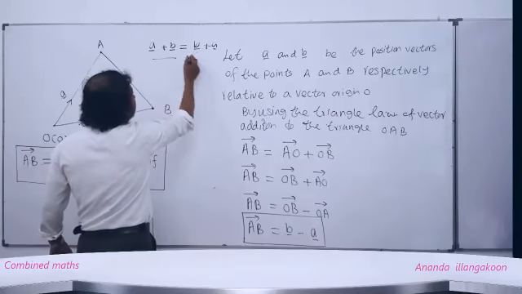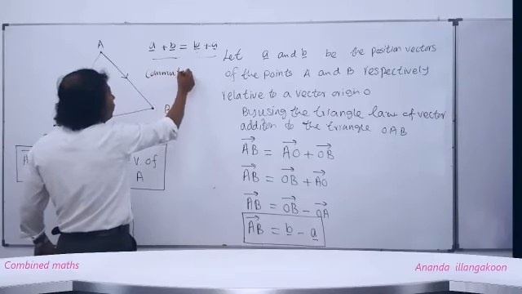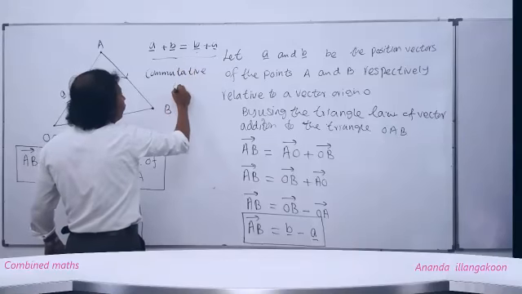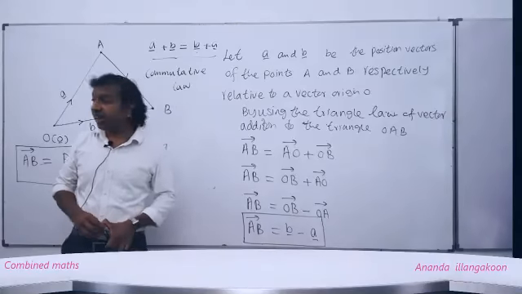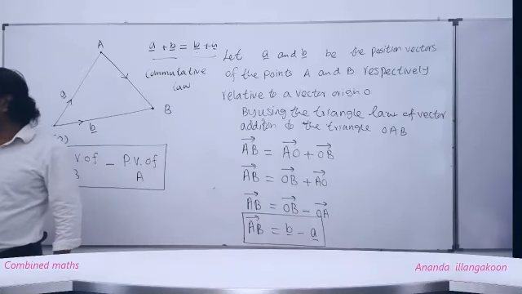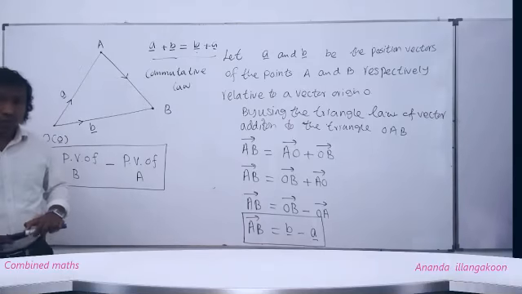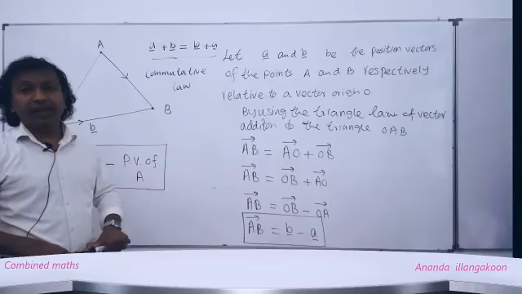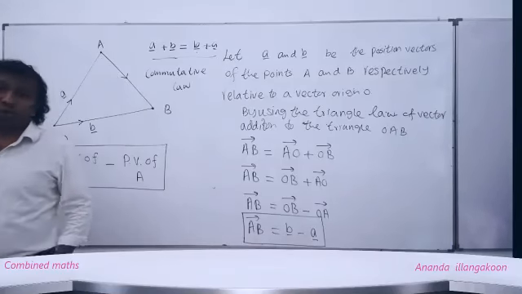So this rule is called the commutative law of vector addition. Vector addition is commutative. Commutative means, by changing the order of adding them, we can add. So that is known as the commutative law of vector addition.